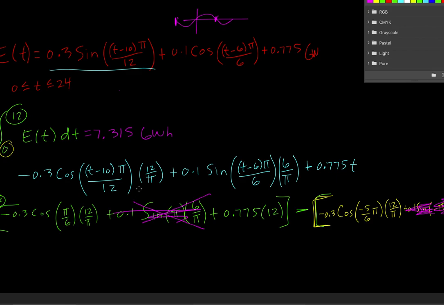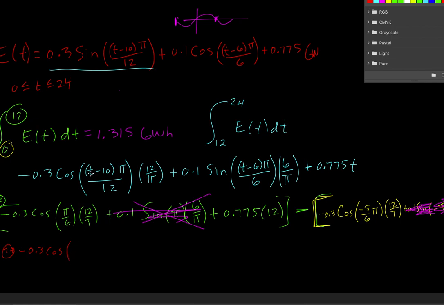Okay? All right. Now they're going to ask us to do something similar. The integral from 12 to 24 of E of t dt. So once again, we plug in 12, so we see that we get exactly the same thing here, but then we also plug in 24. And so plugging in the 24, it's going to look like negative 0.3 cosine.